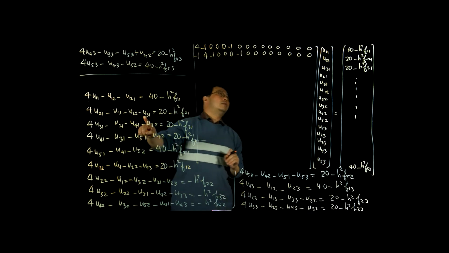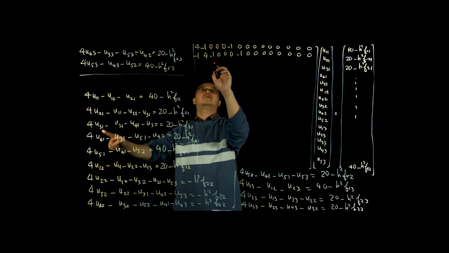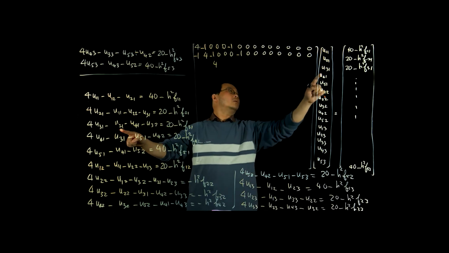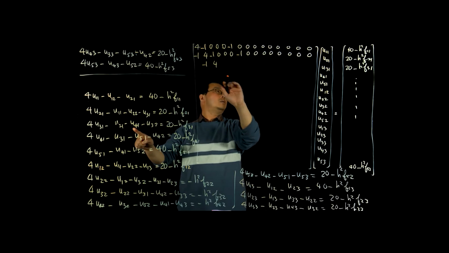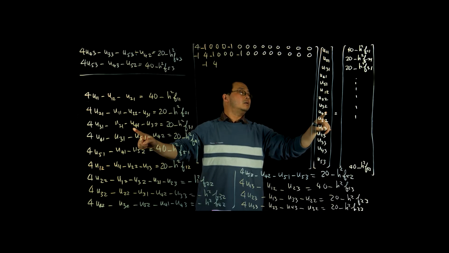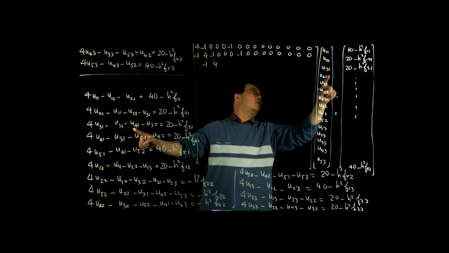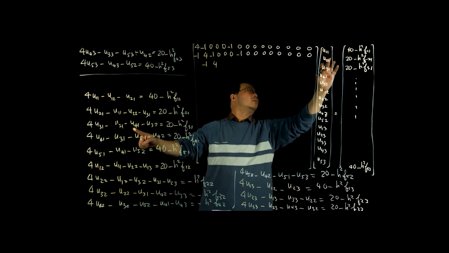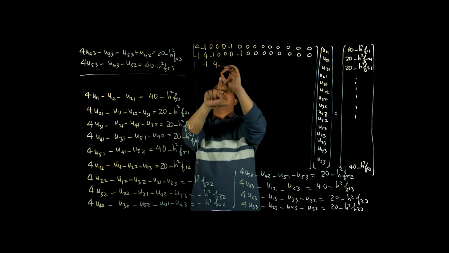Okay, and then U31, so you have U31 here is 4. Okay, and then minus U21, so U21 is here, so -1 here, and minus U41, so U41 is here, 1, 2, 3, 4, so -1 here, yeah.